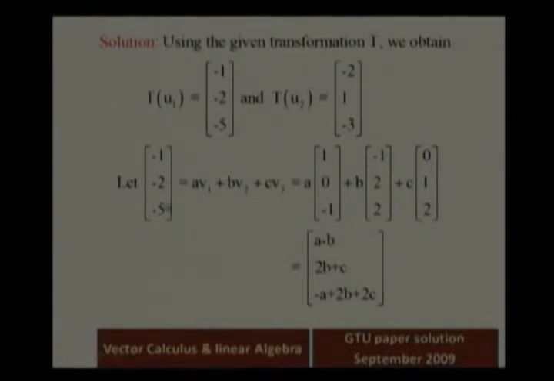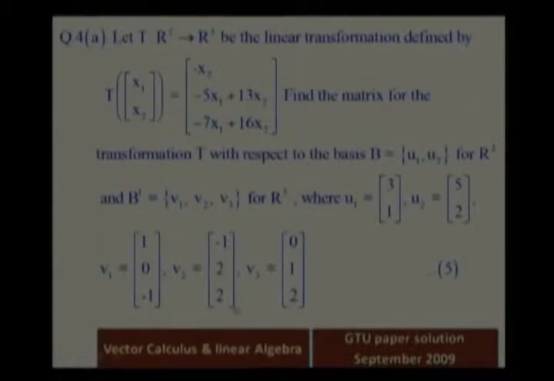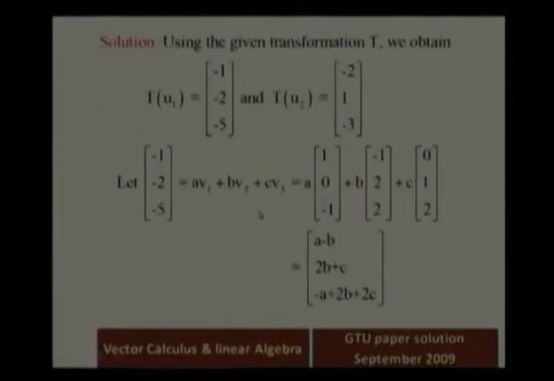Now we can express this vector as a linear combination of v1, v2, v3, because v1, v2, v3 are a basis for R3 from the statement of the example. So (-1, -2, -5) can be expressed as a linear combination of v1, v2, v3.